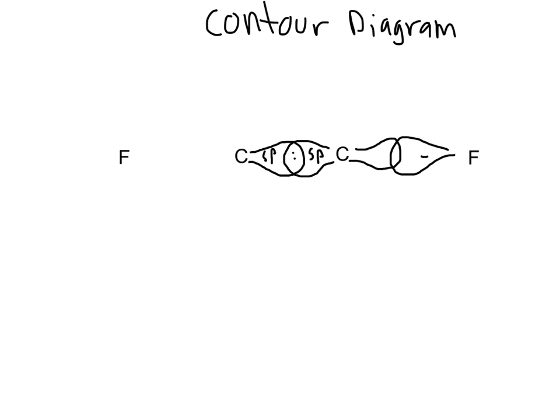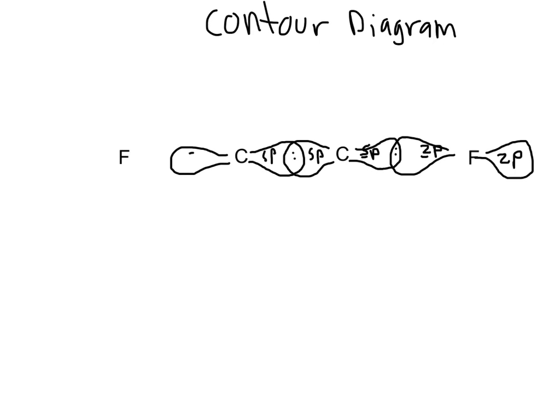So this comes from the 2p orbital for fluorine, and this is coming from the hybridized sp orbital. So you can see it there. And of course, this is all one big 2p orbital. Let me just finish that here. And the same is going to happen on this other side for the carbon and the fluorine.